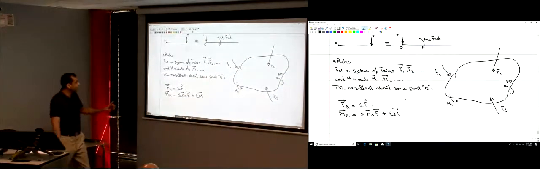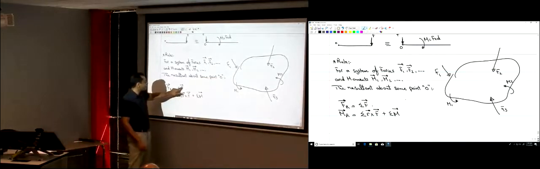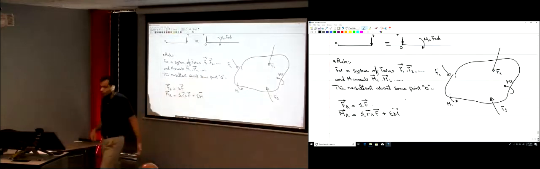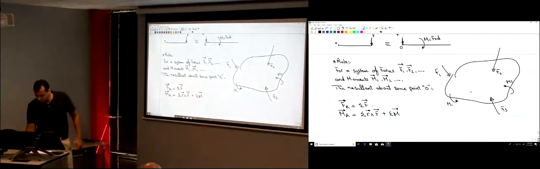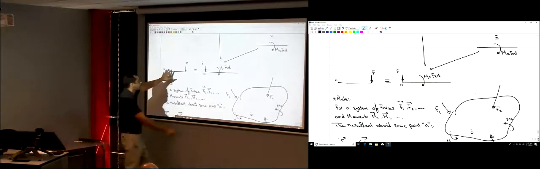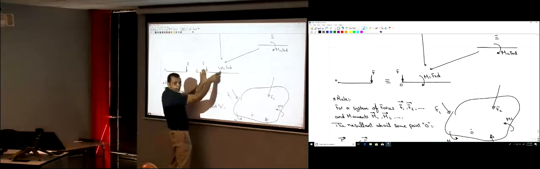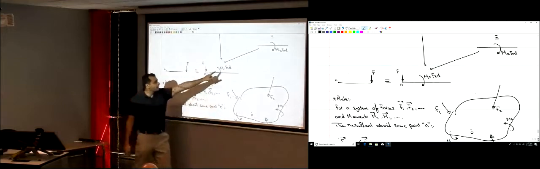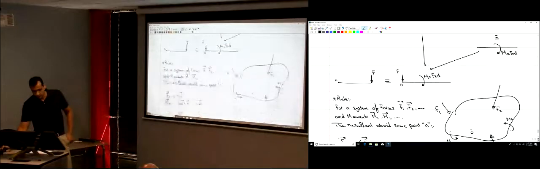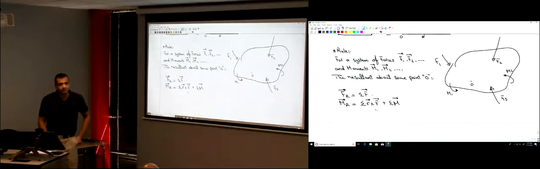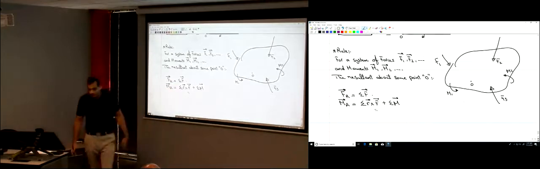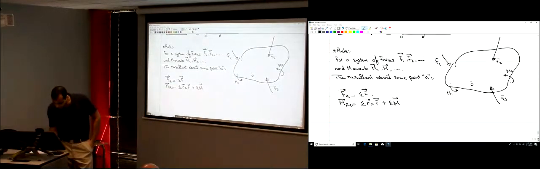And then I have to add the ability of those forces to rotate the object about point O, as if I'm moving those forces to point O, as we did here. This is the moment of this force about point O. So I just have to find Fd, which in vector notation is R cross F, the vector R cross the vector F. So that's the resultant moment about point O.